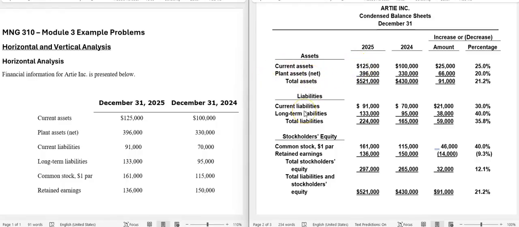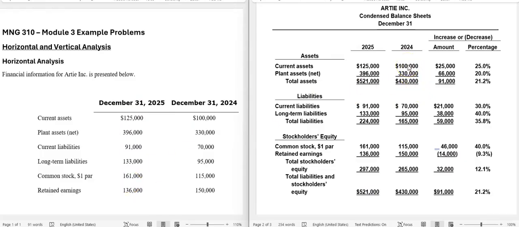And then down here in the liabilities section, we've lumped all the current liabilities into one amount, long-term liabilities into one amount. Stockholders' equity, we have reported their common stock and their retained earnings. Adding together the assets, they should equal the liabilities plus the equity added together. So all of this information is just brought straight from the problem over here.